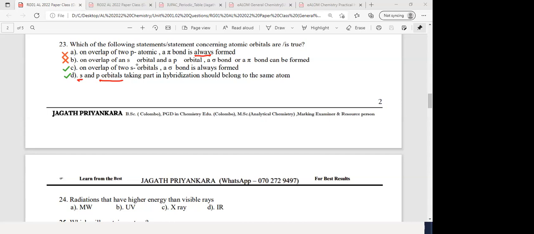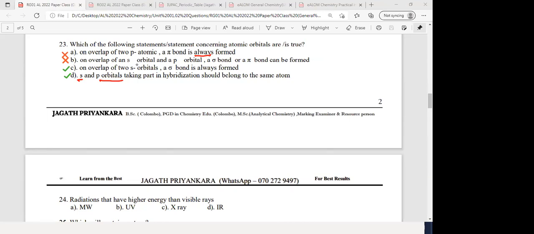Both are vegetables, both belong to the same category. Or both are fruits. But fruits and vegetables you are not mixing, right? So therefore, all the orbitals involved in the hybridization should belong to the same atom.